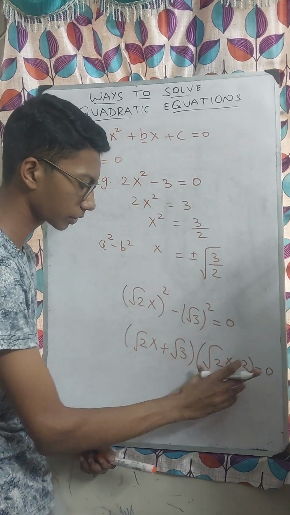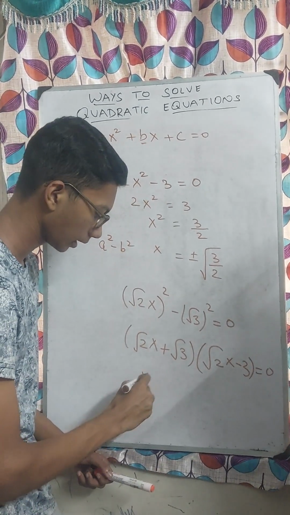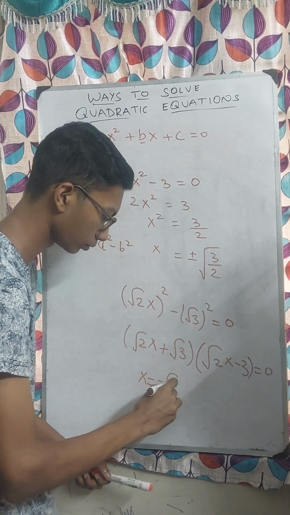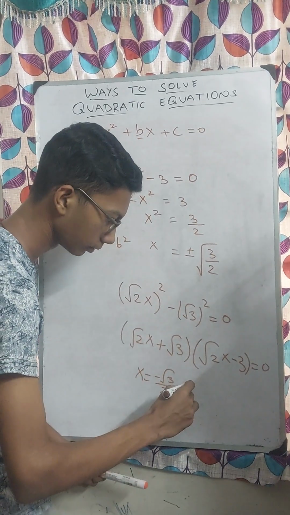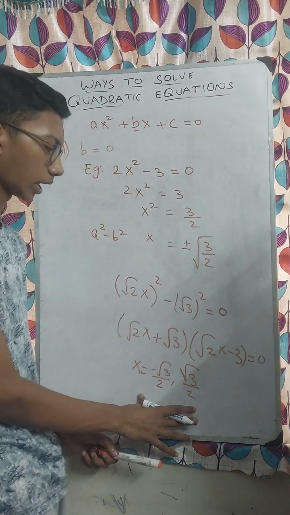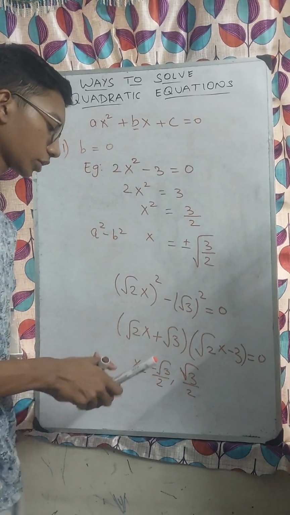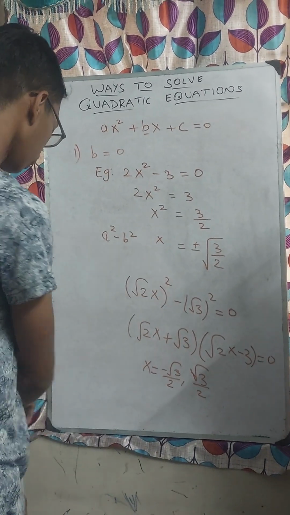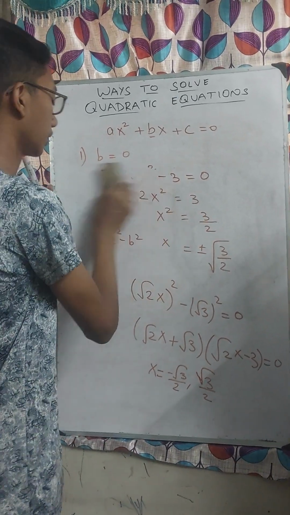So solving this and this separately, we get x equals minus root 3 by 2 and root 3 by 2. These are the answers we got here. So these two are the same method. Now let's get to the next method.